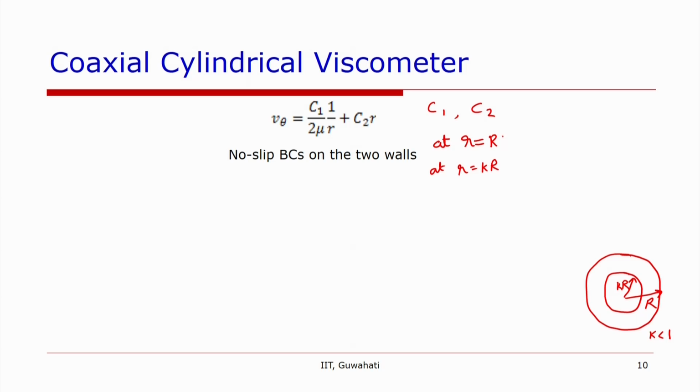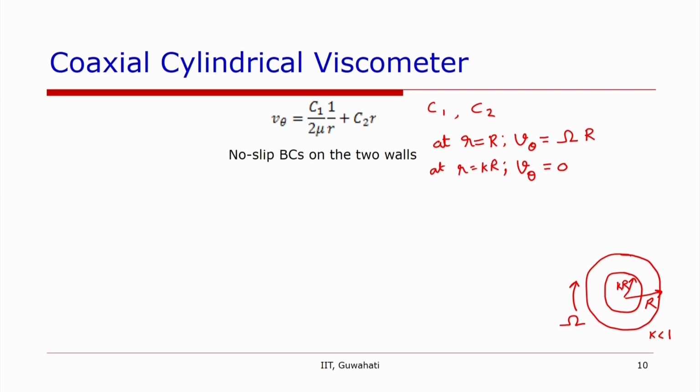At r is equal to capital R, which is the outer cylinder, it is rotating with a velocity omega, so v theta will be equal to omega into capital R, whereas v theta is equal to 0 at the inner cylinder, which is fixed.